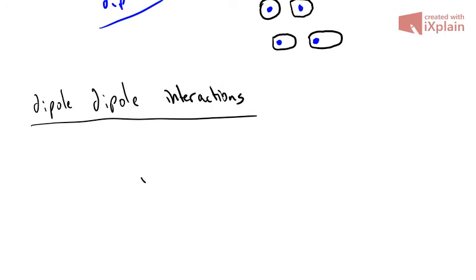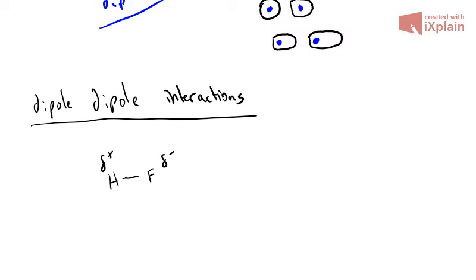So water, or ammonia, are bad examples. We'll do HF. HF is a polar molecule. There is a partial negative on the fluorine side and a partial positive on the hydrogen side.